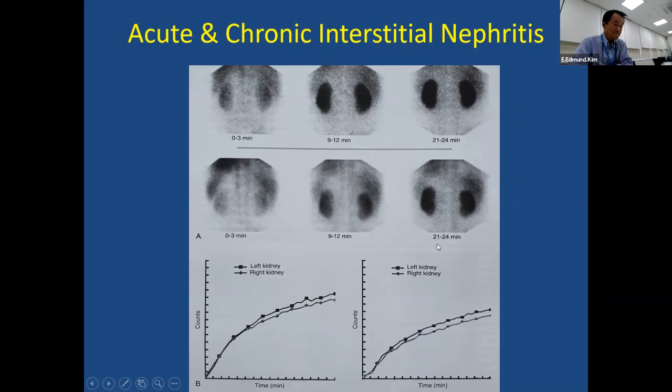And that's what we usually do clinically. But this one is just an obstruction curve, tubular obstruction versus urinary tract obstruction. You can take a further delay or injection of Lasix and then continue some images. But in this case, this is either acute or chronic interstitial nephritis. That's a tubular obstruction, rather than urinary tract obstruction.